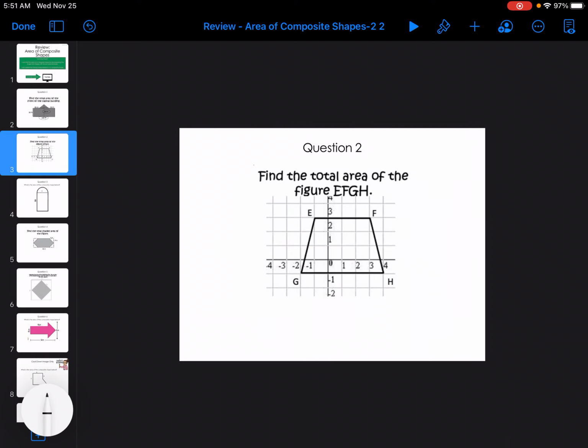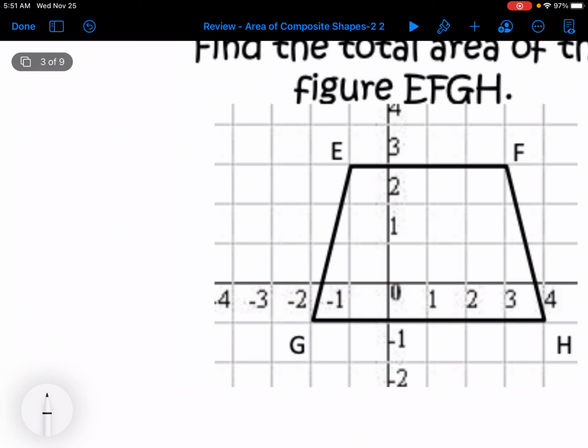All right, for this one they want us to find the total area of the figure. So I'm going to break this up into shapes that I know. Okay, so I'm actually going to pick this triangle up, and I'm going to rearrange it here. So now it's no longer there.